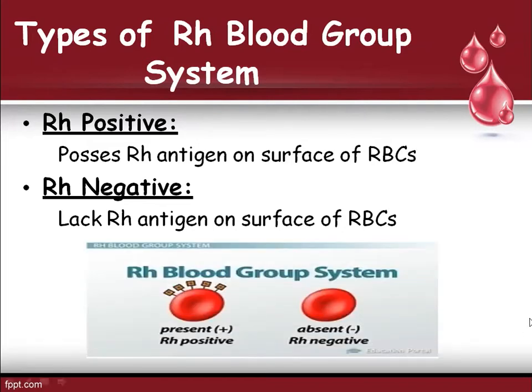Now see in the diagram, there is the presence of the RH antigen on the surface of the RBCs. It means RH positive. Next one is the absence of the RH antigen on the surface of the RBCs. It means RH negative.